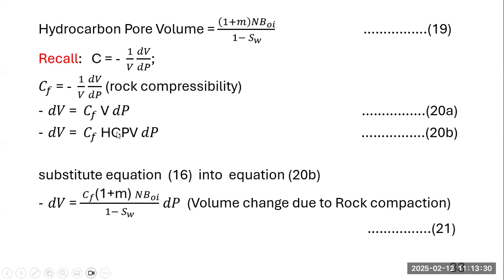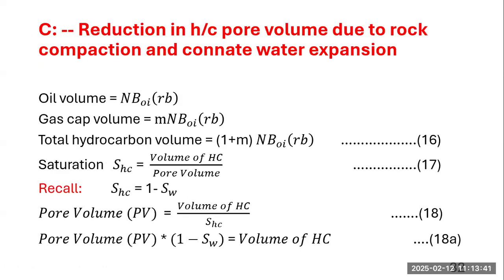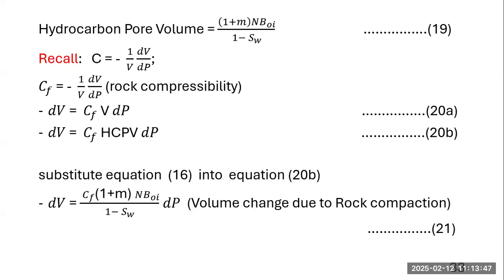So our dV is the volume change due to rock compaction. Remember that your C is reduction in hydrocarbon pore volume due to rock compaction and connate water expansion. So here in equation 20b, you have the hydrocarbon pore volume.